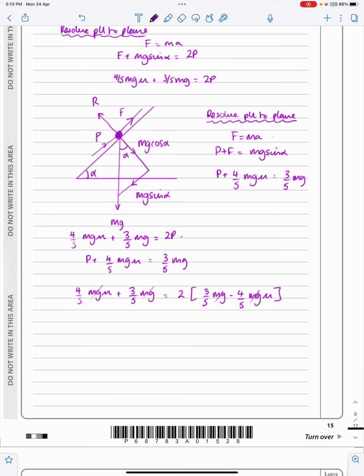What am I left with then? 4/5 mu plus 3/5 is equal to 2 lots of this bit, so that's 6/5, minus 2 lots of the other bit, so that's 8 mu over 5. Then rearrange. Take the mu's over to the other side, so 12 mu over 5 is equal to 3 over 5. That gives me mu working out to be equal to 1/4. Okay, hopefully that makes sense.